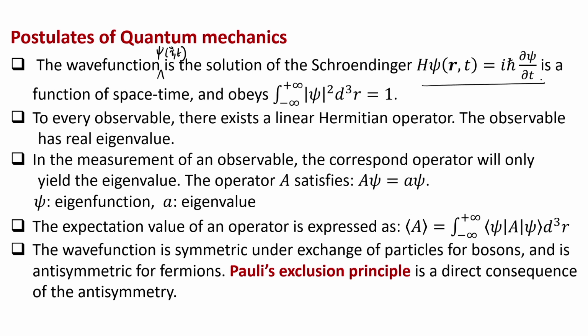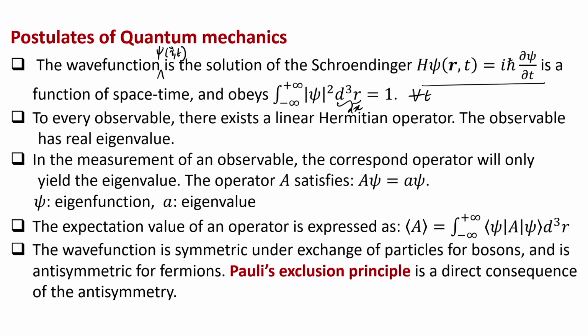So, psi is a function of space and time, and it obeys the condition that psi mod square integrated over all space, d cube r, or in 1 dimension dx, equals 1, and this is for all t. So, at all times this normalization condition will be satisfied.